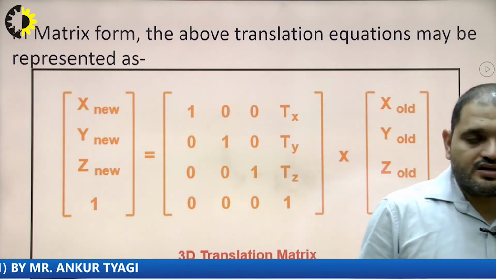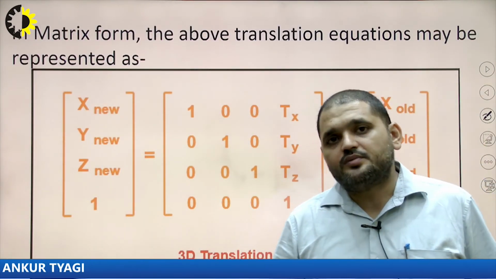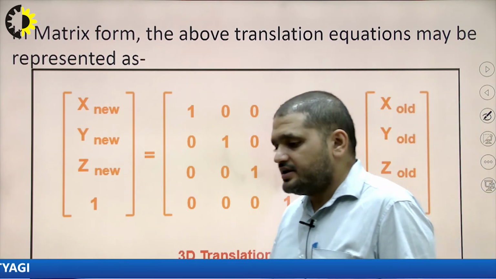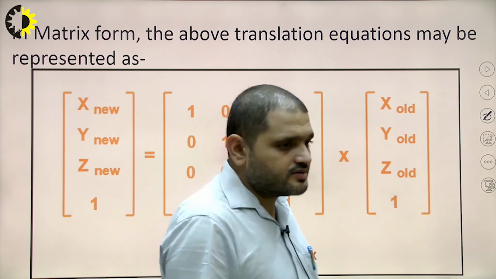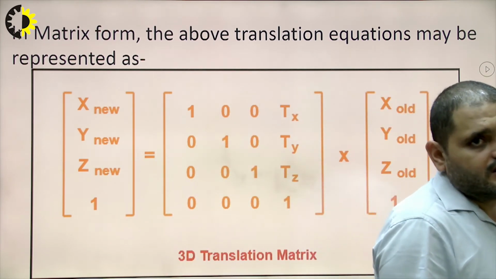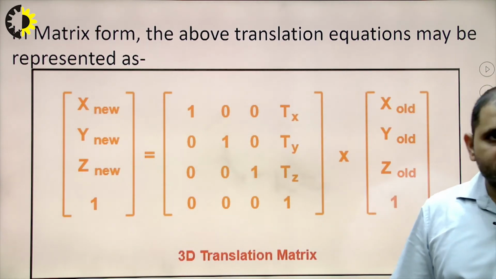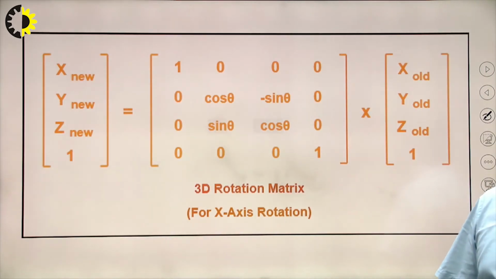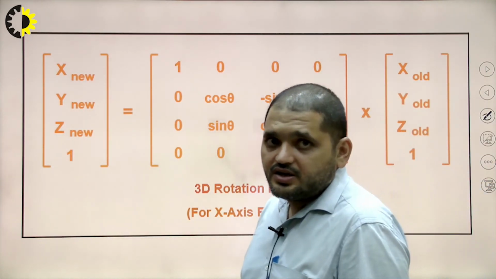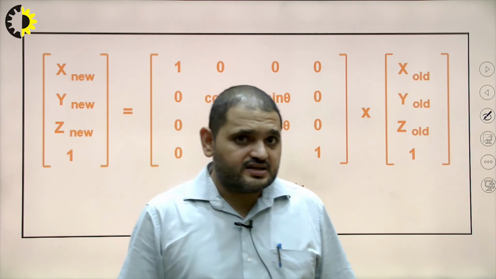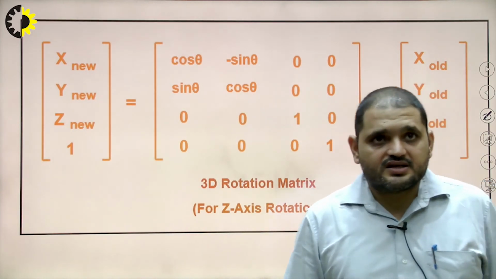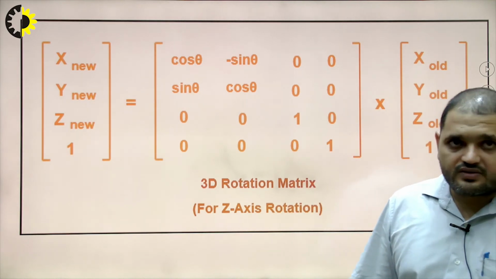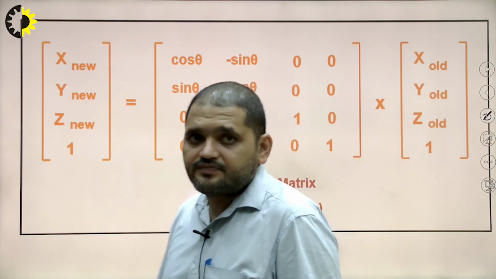So these are 3D transformations. The matrix for 3D transformation, as you can see, is a 4 by 4 matrix. This one is for translation. Now this is for rotation about the x axis, then rotation about the z axis, and in the same way we can find the rotation about the y axis.